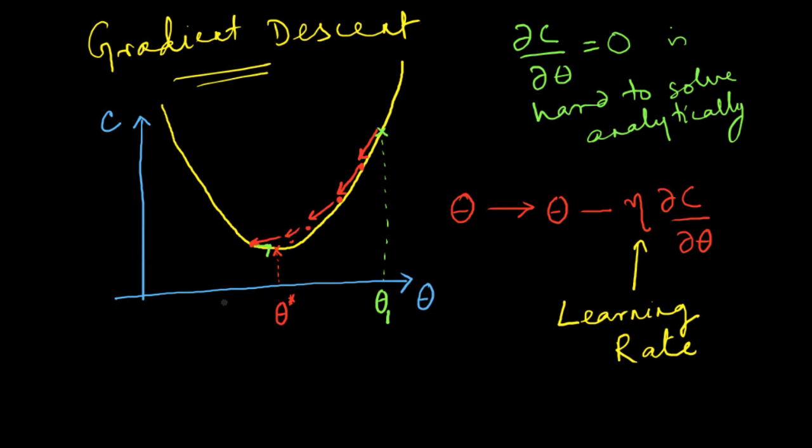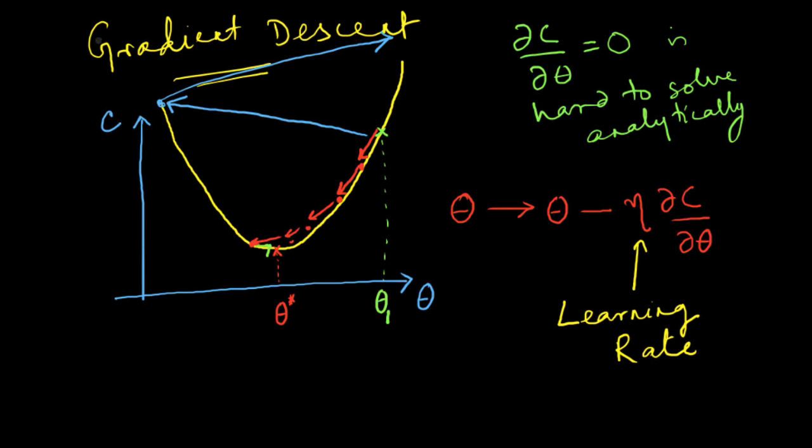So here obviously your value for eta has to be chosen appropriately, because if you choose this learning rate to be very high, then what is going to happen? You are going to jump from theta 1 to, let's say, you may jump over here, and then you may jump further here, and then you may get totally lost. So that is a problem.